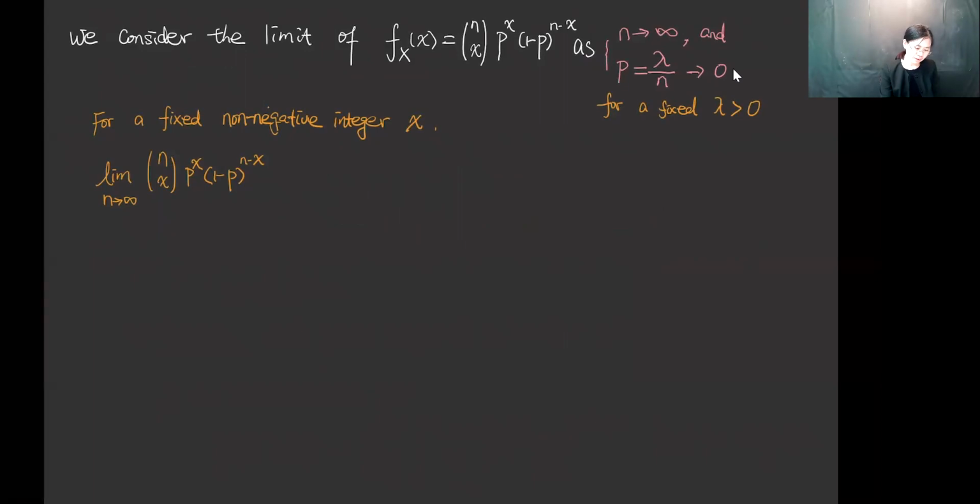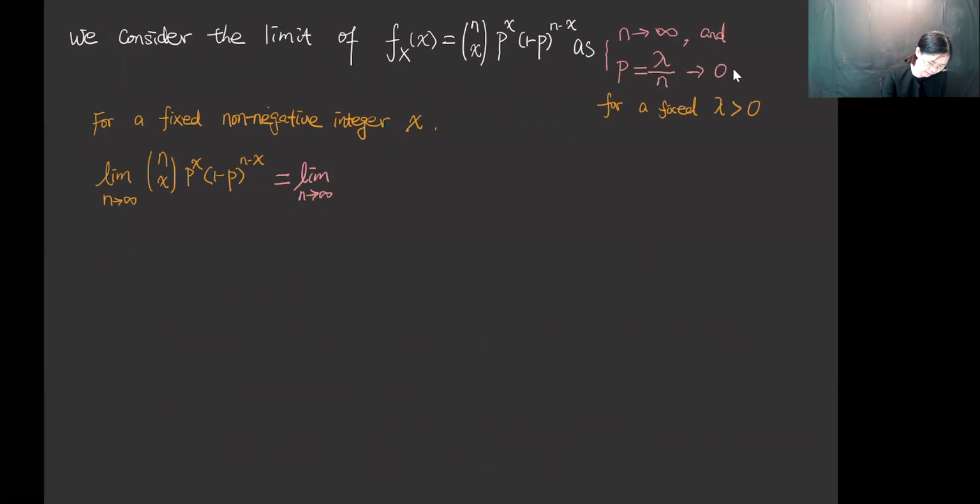So we consider the limit of this probability as n approaches infinity and p equals lambda over n. So that is the limit of n choose x. Actually, I want to write n choose x out using the formula for this combinatorial quantity.